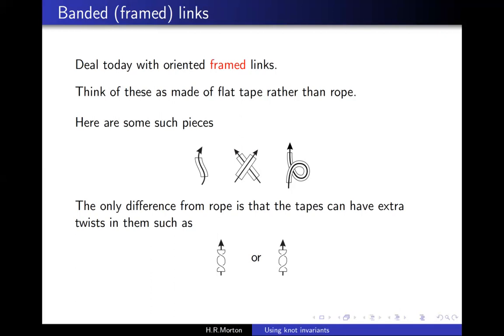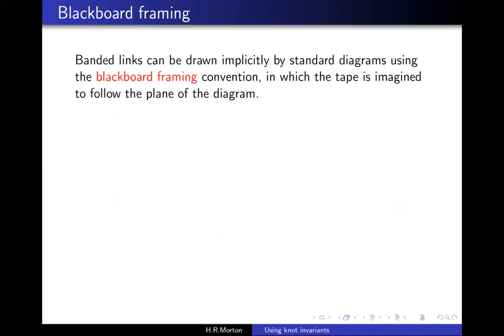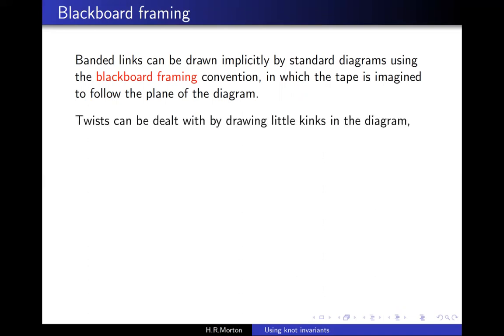And it's quite convenient to draw them implicitly by standard diagrams if you use the blackboard framing convention where the tape really follows the plane of the diagram. And of course, if you do have a twist, you can draw a little kink in the diagram to make it go along with this convention.